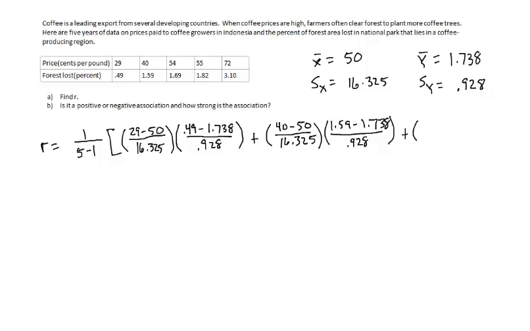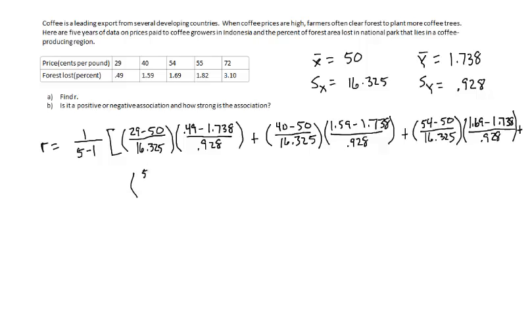Plus, we're going to have 54 for our xi minus 50 divided by 16.325 times 1.69 minus 1.738 divided by 0.928, plus our fourth set of data.